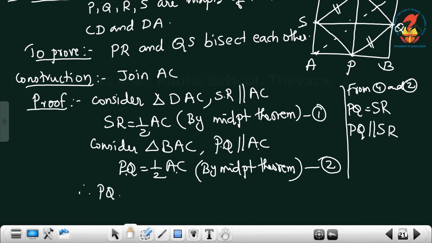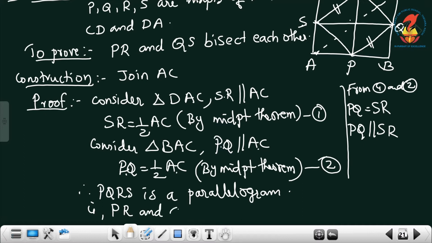Therefore, PQRS is a parallelogram, that is, PR and QS bisect each other. In a parallelogram, diagonals bisect each other.